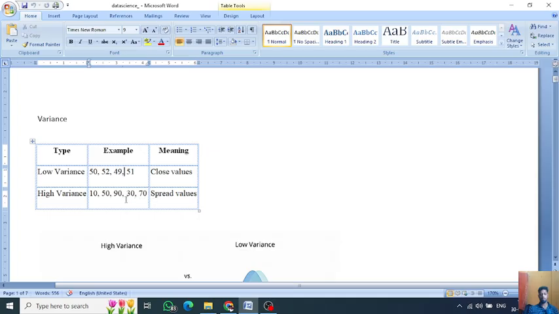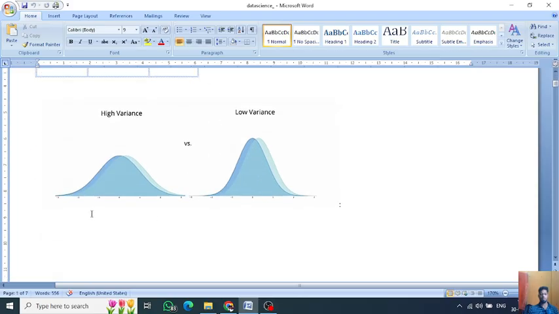For high variance you can see the wide spread but the peak is low. For low variance, the peak is high and the width is low. This is the graph view of high variance and low variance data.